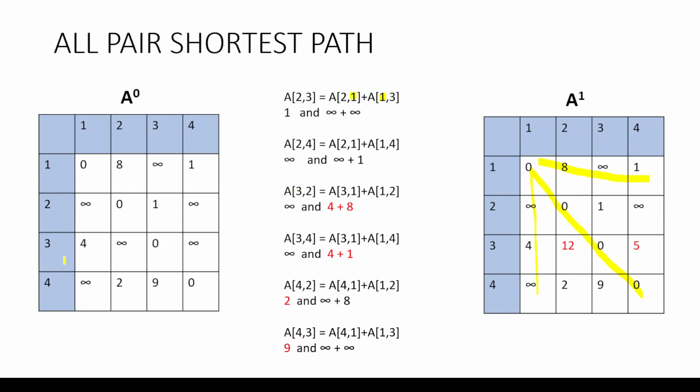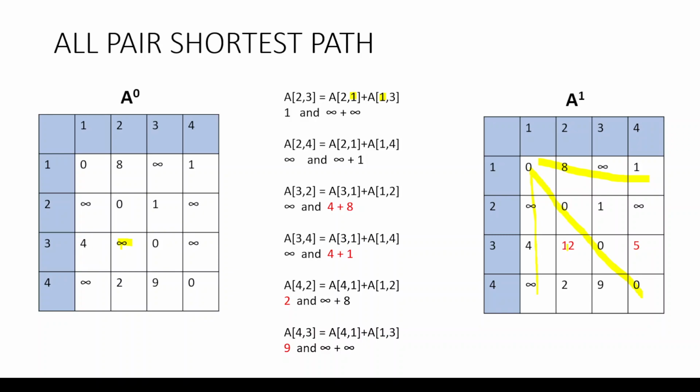A of 3 comma 2 is infinity, right? And A of 3 comma 1 is 4, so I'll write 4 here. And A of 1 comma 2 is 8. So I'm checking between infinity and 4 plus 8. 4 plus 8 is 12. Which is smaller, 12 or infinity? 12 is smaller. So I will change this value, A of 3 comma 2, to 12.